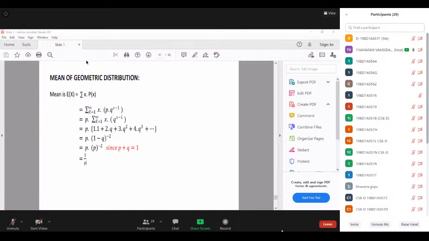Now, anybody tell what is the variance formula in discrete case? What is the variance formula in terms of expectation terms?